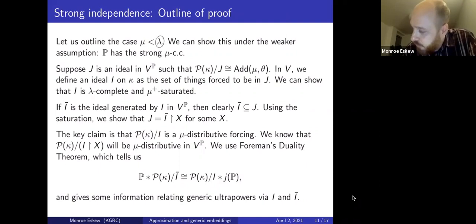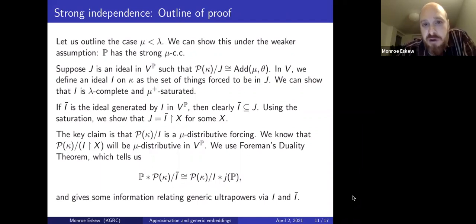And I should have introduced, oh, I did introduce lambda here. Okay, so yeah, we can show that this pullback ideal has the same completeness and saturation properties as J is forced to have. So I bar denotes the ideal generated by I in V^P.